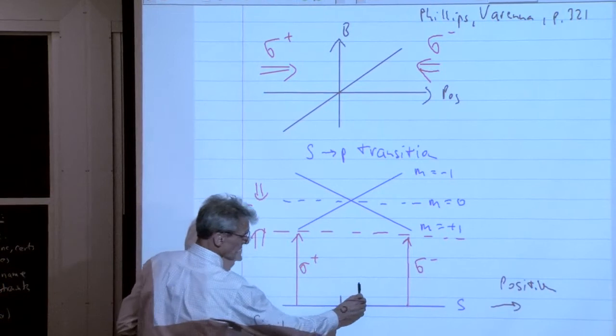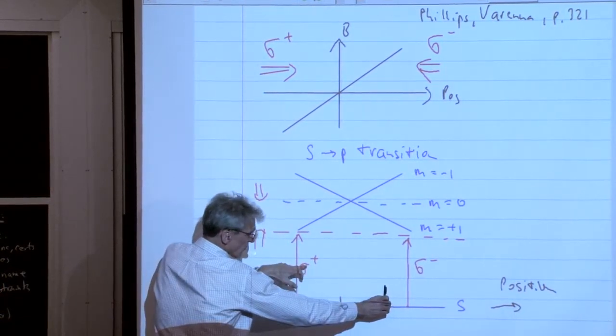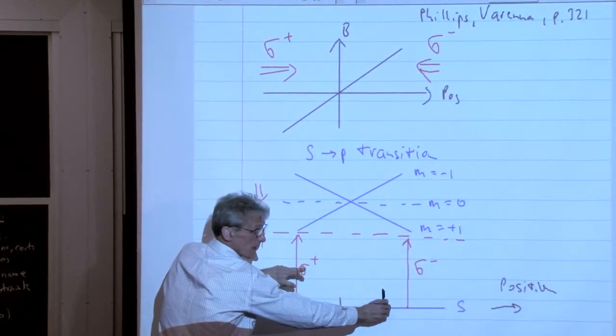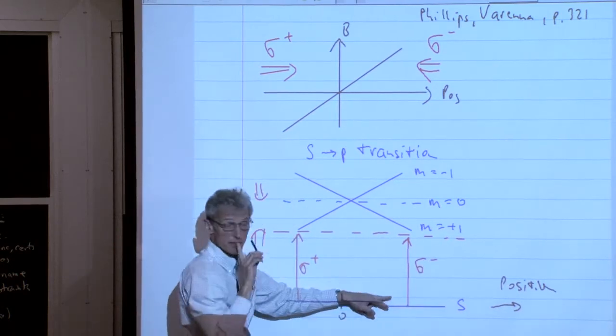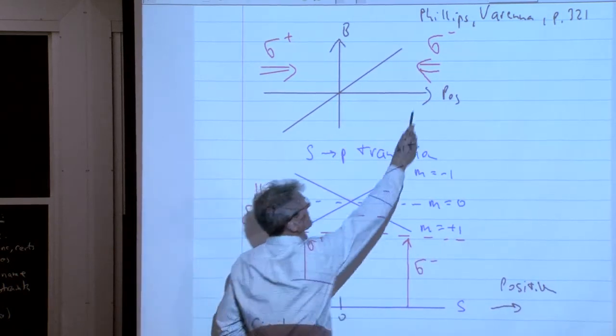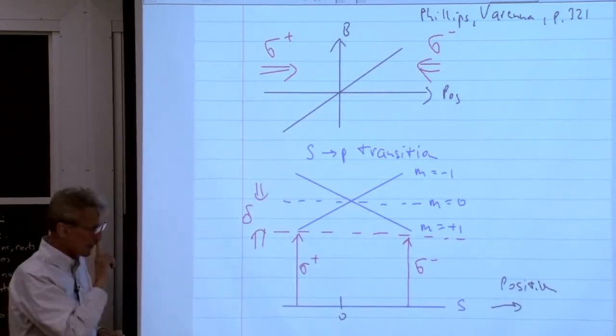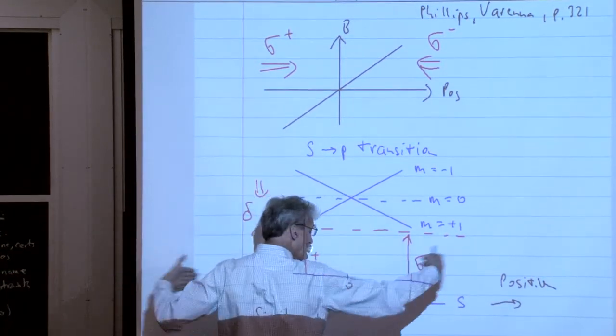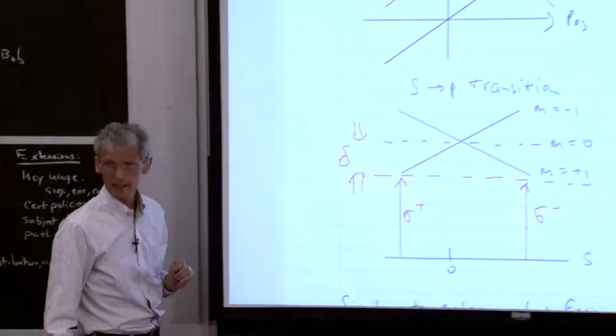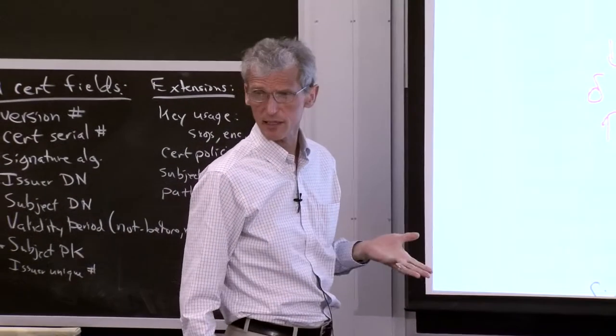If the atom moves out here, it moves further and further away from resonance with the sigma plus light, but it moves into resonance with the sigma minus light, and the sigma minus light is pushing the atoms back. So this geometry has an inward force from both directions and therefore works as a trap.